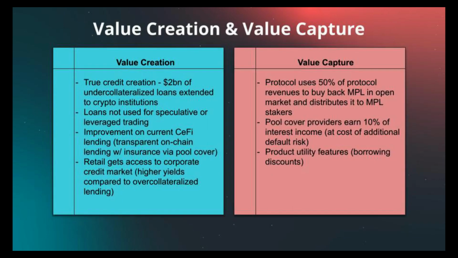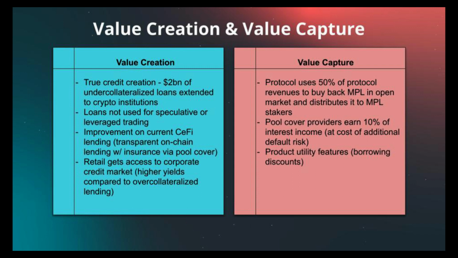I guess I'll go to the last slide and talk about value creation and value capture. The one I wanted to focus on is value creation. Why is undercollateralized lending important? Previously, I think Pranav asked a question: retail gets access to the corporate credit market, which means they get higher yields.